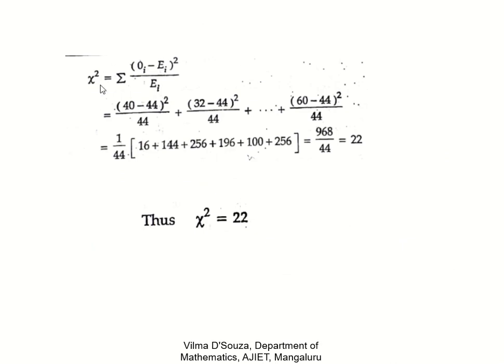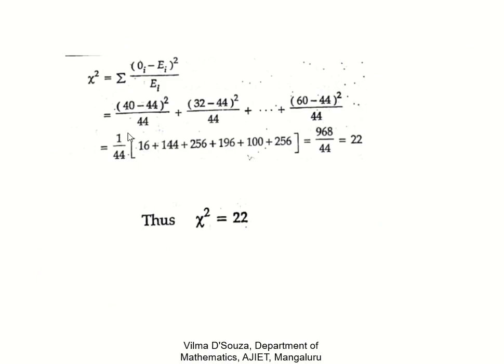Now write down the formula for chi-square. What is chi-square? Chi-square is the summation of (Oi minus Ei) whole square divided by Ei. Remember, (Oi minus Ei) whole square divided by Ei, and the sum of all.